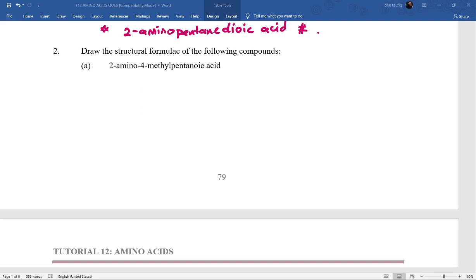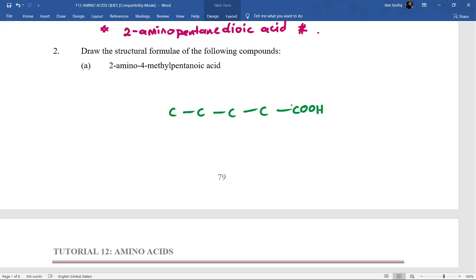Pentanoic acid means we have 5 carbons with a carboxylic acid group. So 1, 2, 3, 4, 5. The number 5 should be the carboxylic acid.